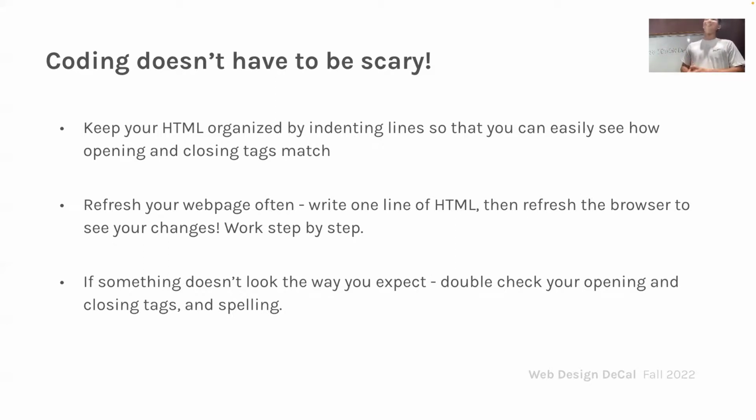Don't forget to save the file, and then go to your browser to see what it looks like. Try not to make super big changes at once, because you might go from something that's almost done to something that's not good to look at. Yeah, so if something doesn't look the way you expect it, just double check your opening, closing tags, spelling, capitalization, file paths. And also if you can't figure it out, just come to office hours and we'll help you out.